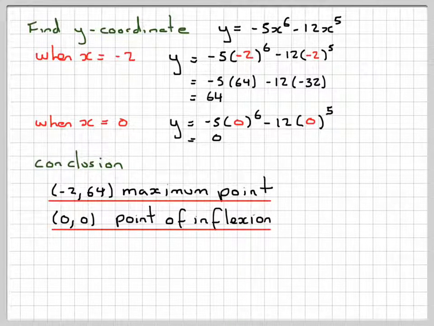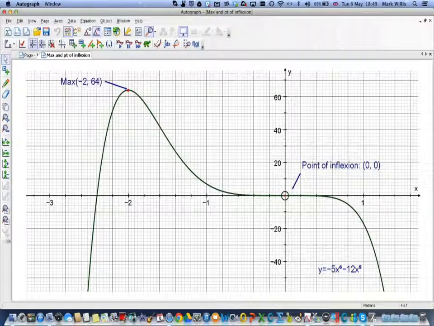Okay, let's have a look to finish off with the sketch. You weren't required to do the sketch, but here is a copy of it. If we look at the sketch here, we can see the maximum point, and here we can see the point of inflection.